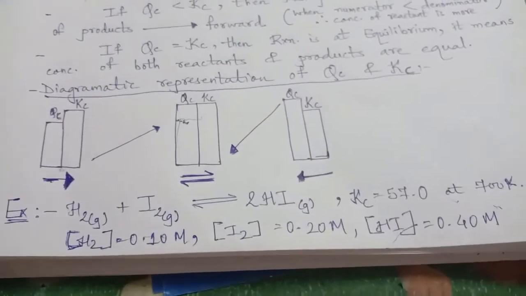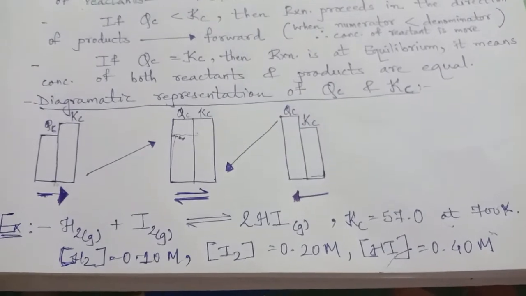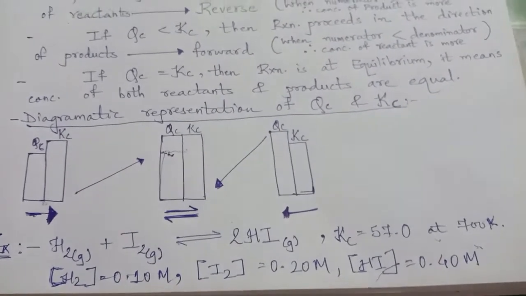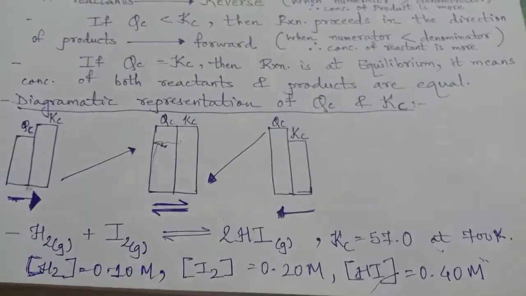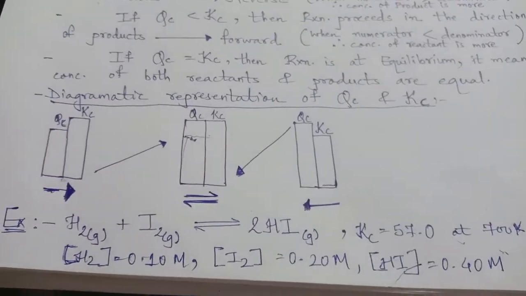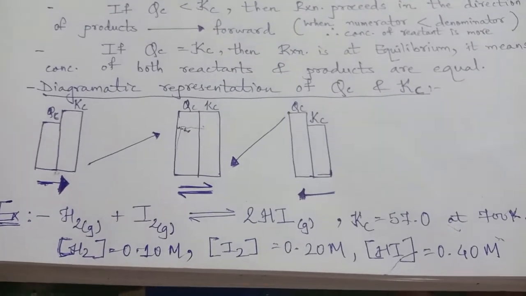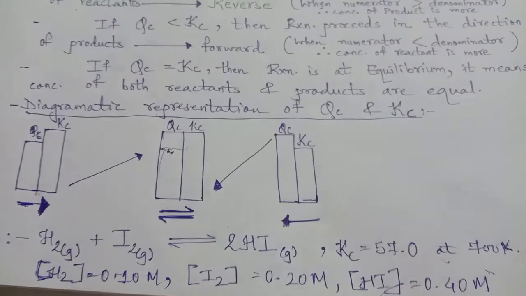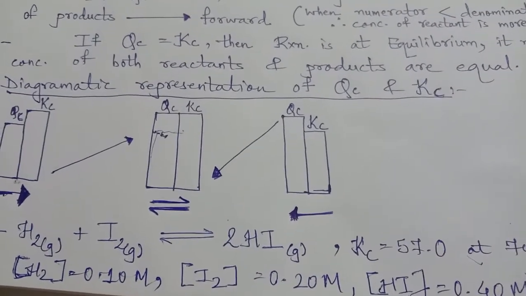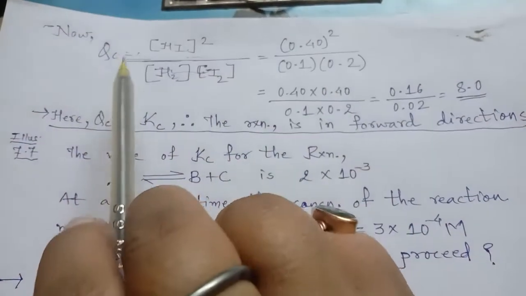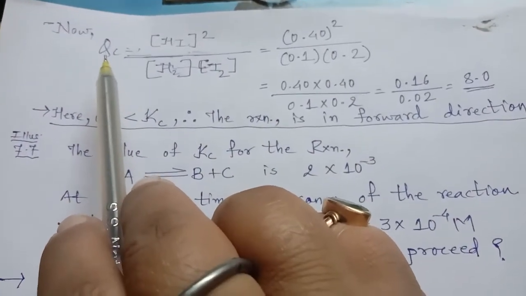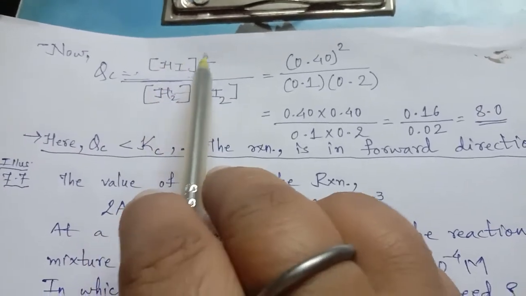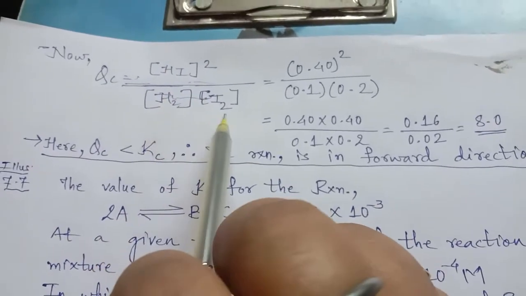This can be understood by taking the example of hydrogen iodide production with the help of hydrogen and iodine gas, where Kc is 57 at 700 Kelvin, the concentration of H2 is 0.1 molar, I2 is 0.2 molar, and HI is 0.4 molar. As we were calculating Kc, the same here: Qc is equal to the concentration of product HI squared upon H2 into I2.